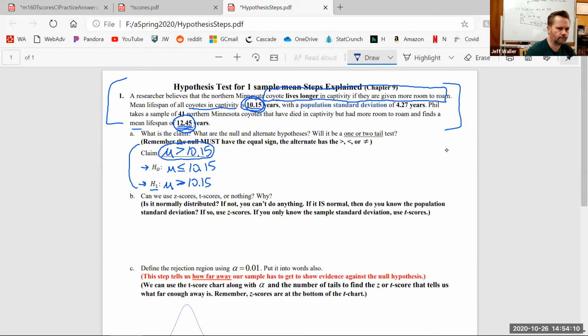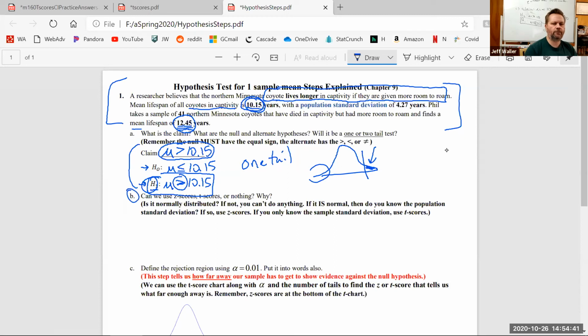One tail, yes, because this only allows for one direction, not both. The only way I can show evidence for this is to find a mean up here somewhere. That's one tail. This tail doesn't do anything for me. That would not show evidence of greater than. It's only up here. Does that make sense?